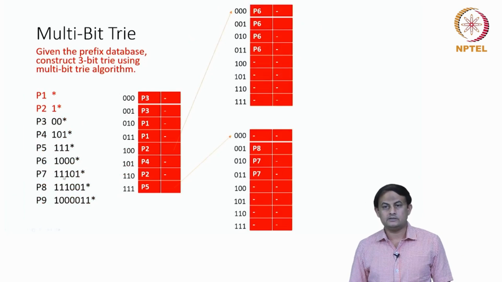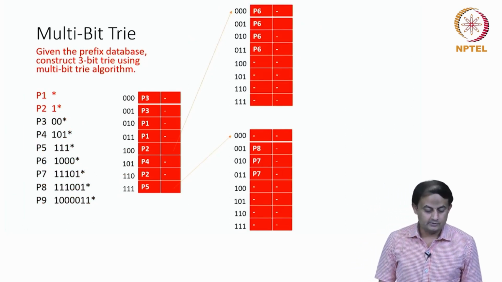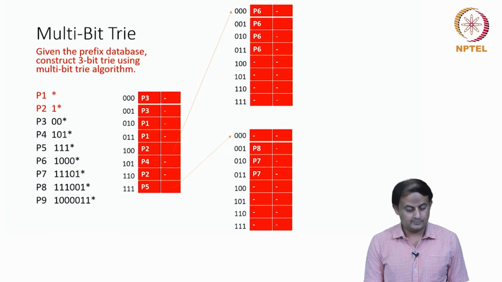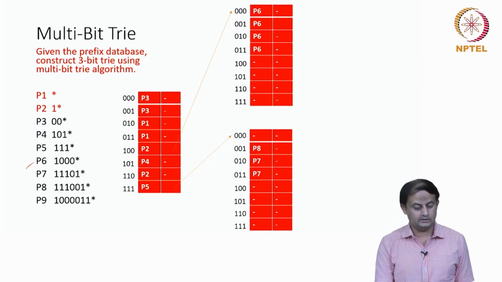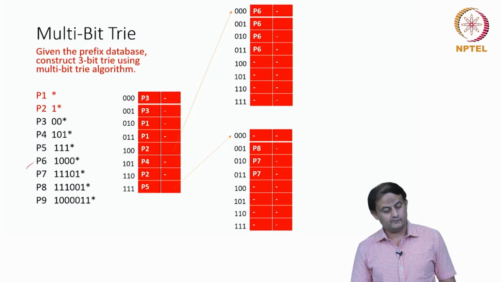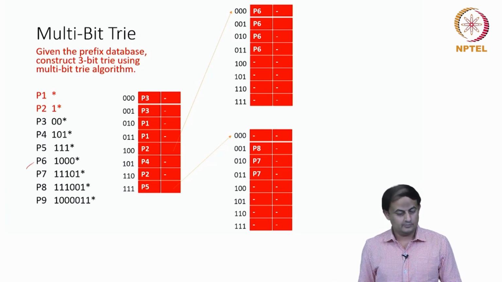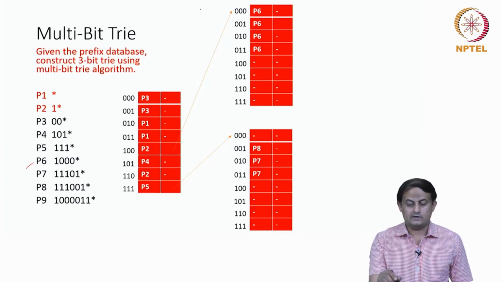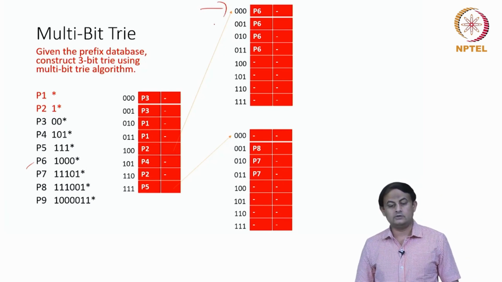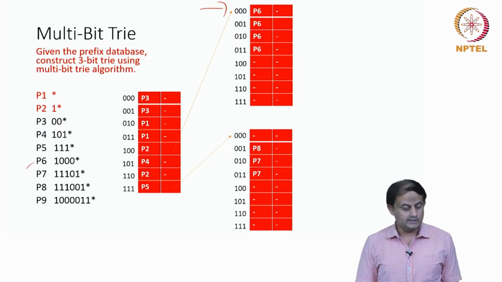So we'll draw the entries in the second level structure by taking this order of preference into account. The second level structure would look something like this. Since P2 is a superset of P6, 1 star, if it is 111 star then we go with P5, but only 1 followed by something at the next level. If it is 0, then we go with P6. So we'll draw a pointer from P2 to the second level structure, starting with 000 and then 001 and so on.